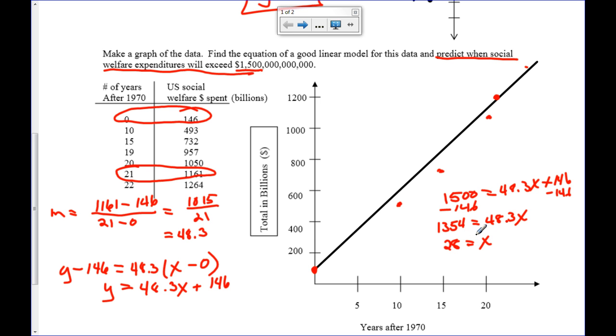Well, it's not a perfect 28. It's 28.03, so I just rounded it. Okay, so 28 is my x. What is that x again? Years after 1970. So when's the actual year when the welfare expenditures will be above this amount? Yep, so 1970 plus 28, which is 1998.